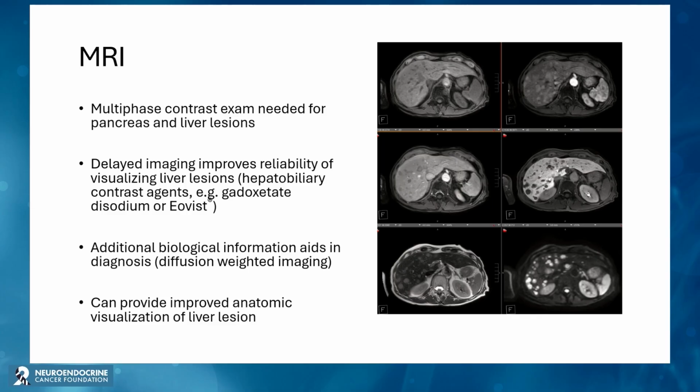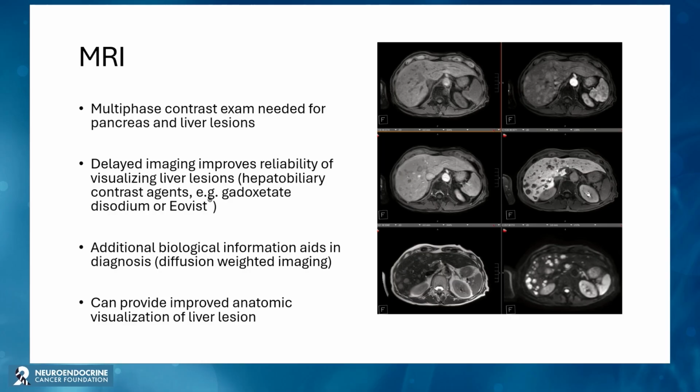In that second row to the left, that's an earlier phase of contrast, meaning when we do an MRI, we're getting multiple pictures as the contrast is injected. So as the contrast moves from the arteries into the organs and then into the veins, we get a number of different pictures along the journey, if you will, of the contrast agent flowing through the body.